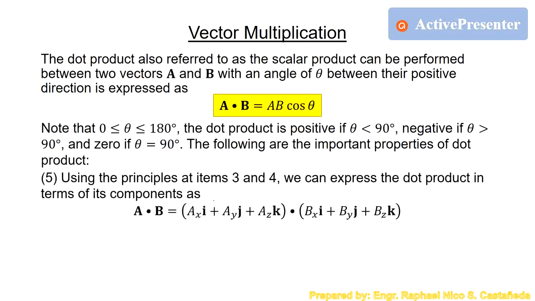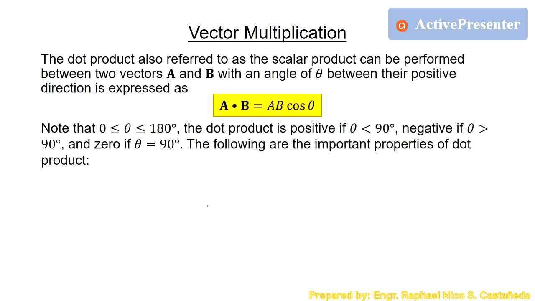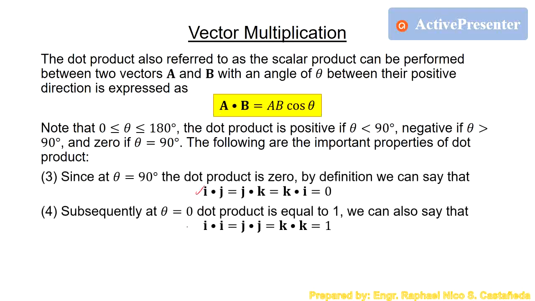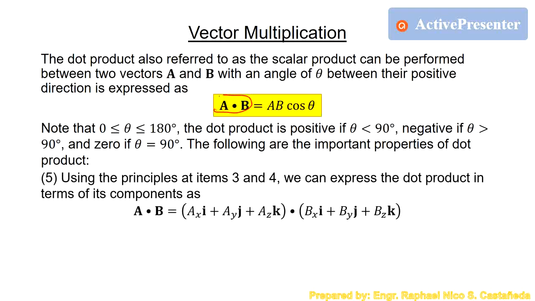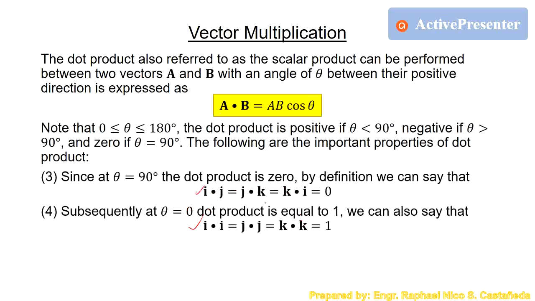Number 5, if we apply those principles in number 3 and 4, so if we perform this function right here, a dot b, and express a and b in vector notation, what will happen is if we dot product ax and bx, the answer is ax bx, because i dot i is 1, as I stated here.